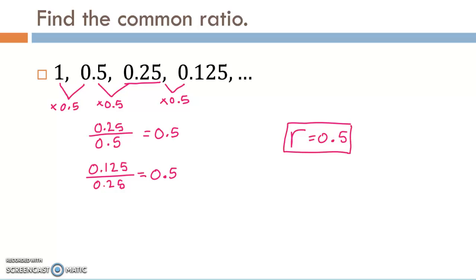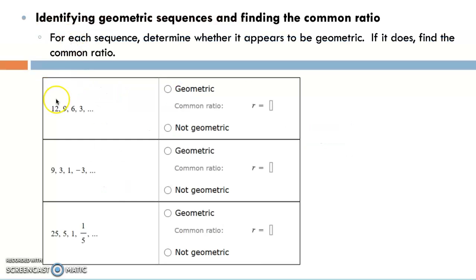Okay, so now let's look at our topic. Here we're given three sequences, and we're told to determine if they're geometric, and then find the common ratio if they are geometric. So for this first one, I see that I'm subtracting something every time, adding -3 every time.